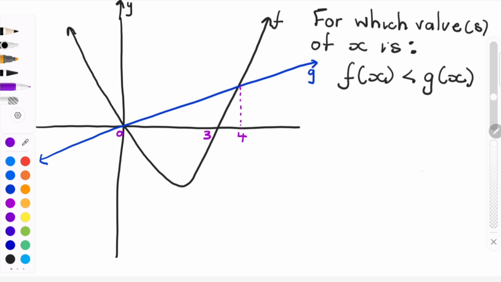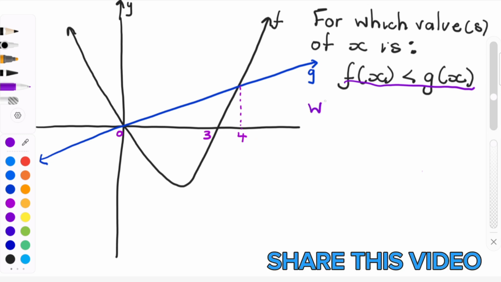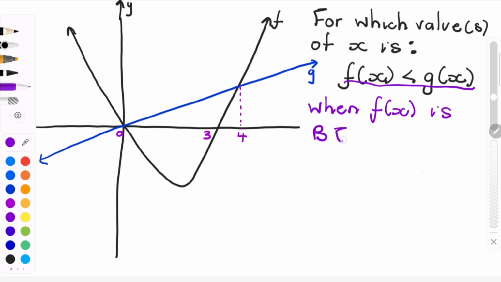So let's take a look at another example. For which values of x is f of x less than g of x? Now, f of x will be less than g of x when f of x is below g of x.